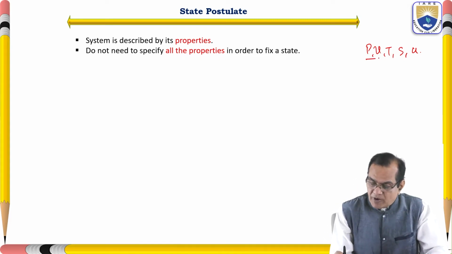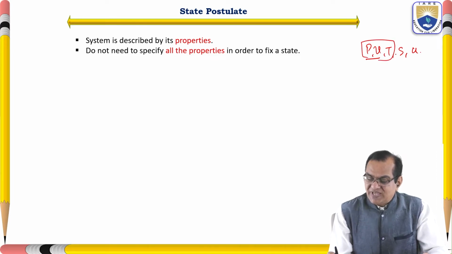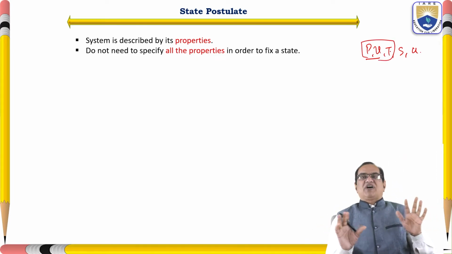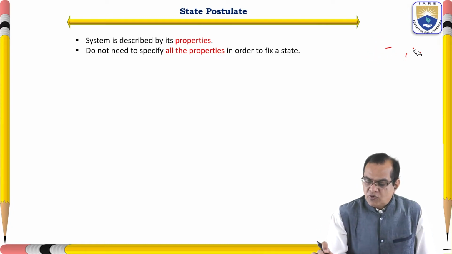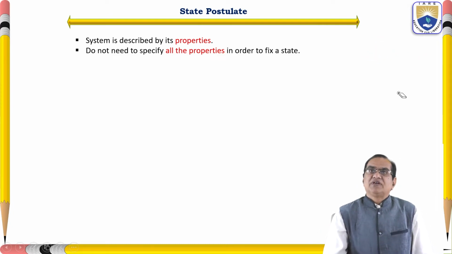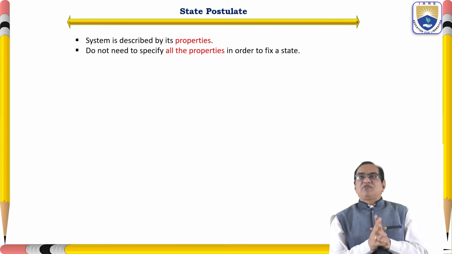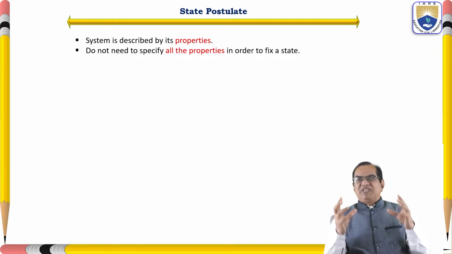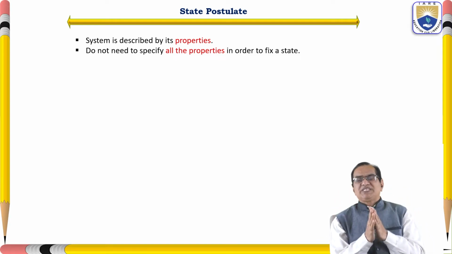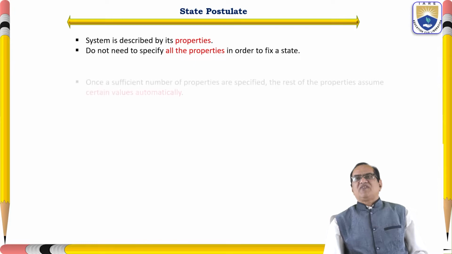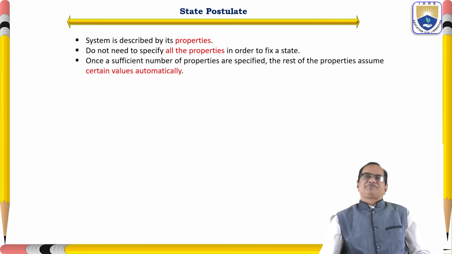If you know two properties for a pure substance, or at most three, we can find out all the other properties of the system. We need a maximum of two properties to identify the state of any substance.